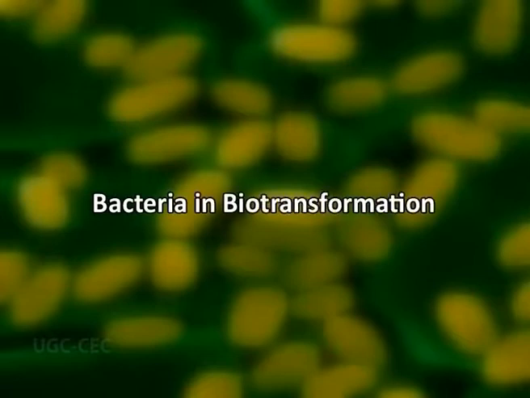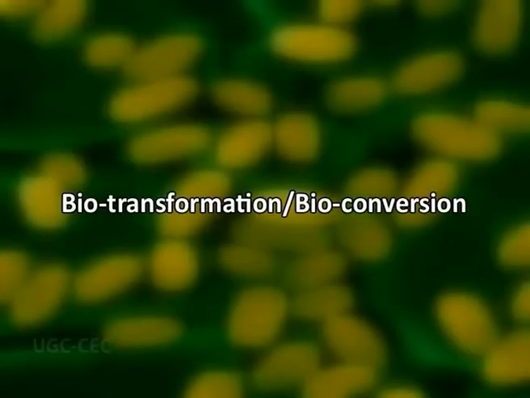is their use in biotransformation. Bacteria are able to modify or convert the less valuable close molecular relatives into valuable molecular structures. This phenomenon is called biotransformation or bioconversion. The less valuable molecule is acted upon by bacteria, which modifies and rearranges its functional groups, converting or transforming it into a similar valuable molecule.